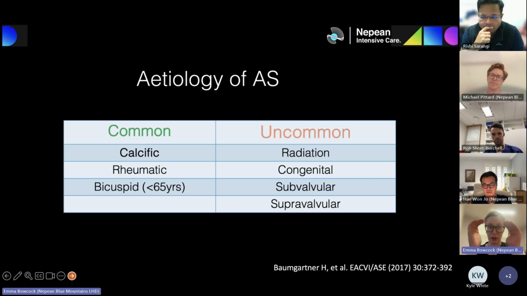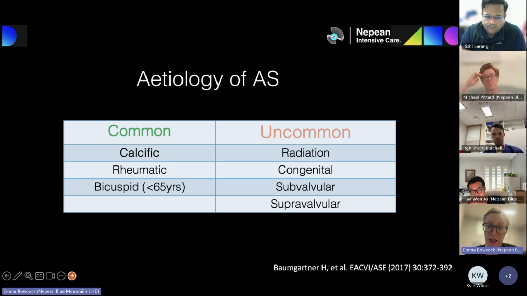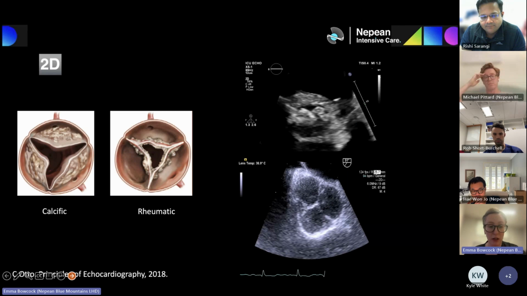They have that doming of their leaflets and also that commissural fusion, just like in rheumatic mitral valve disease. Bicuspid valves, as we talked about last week, in about 1 to 2% of the population, tends to be younger patients, so those are less than 65, and you need to always assess for whether the valve could be bicuspid or not. And then uncommon causes, right? So congenital, radiation, subvalvular and supravalvular pathologies.